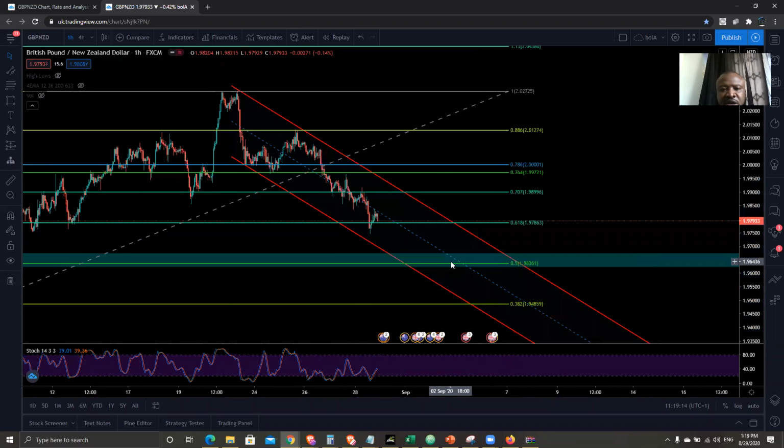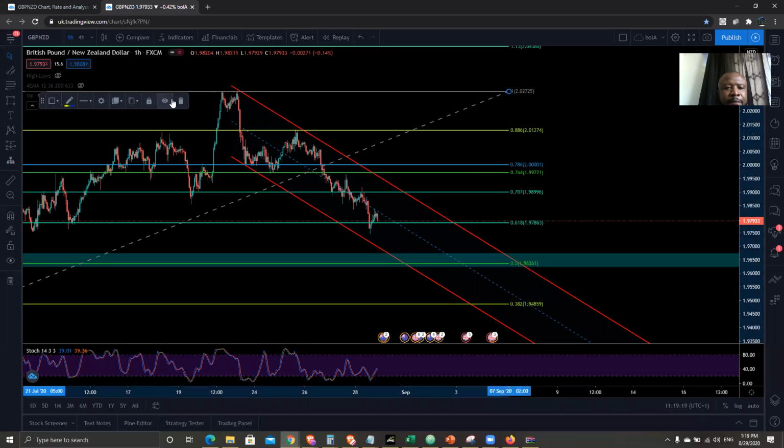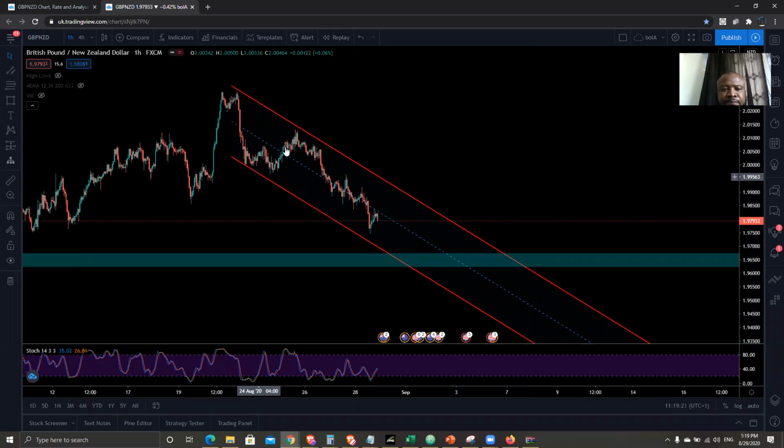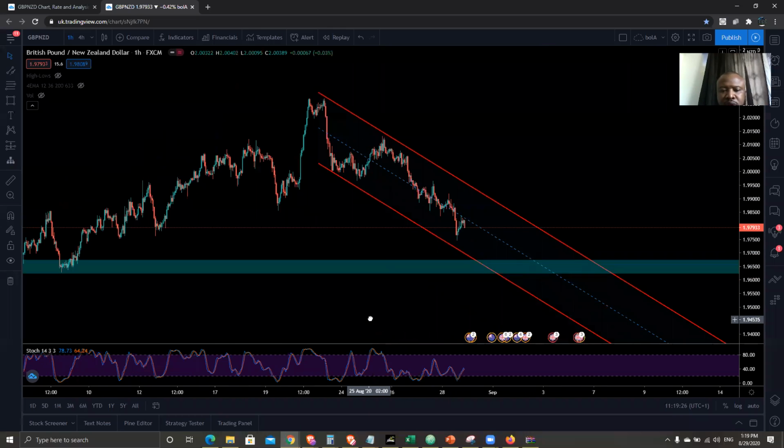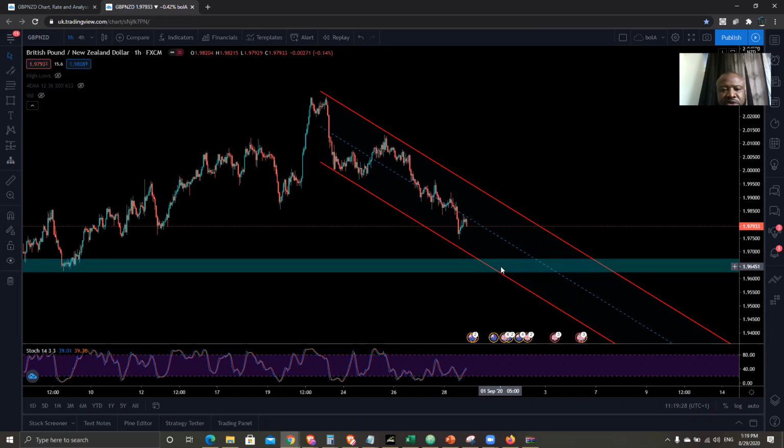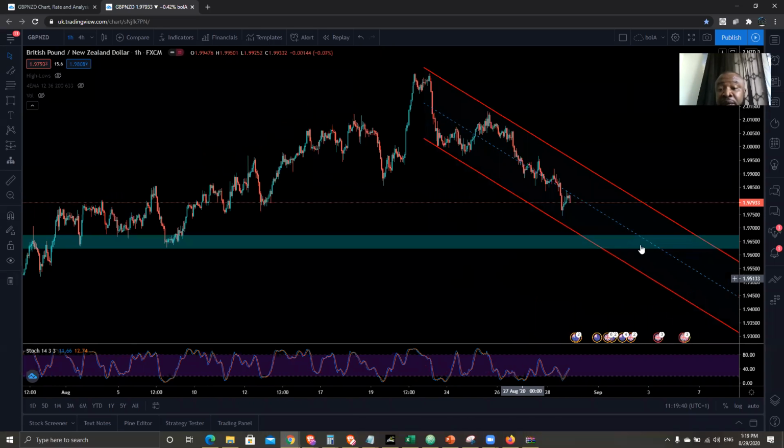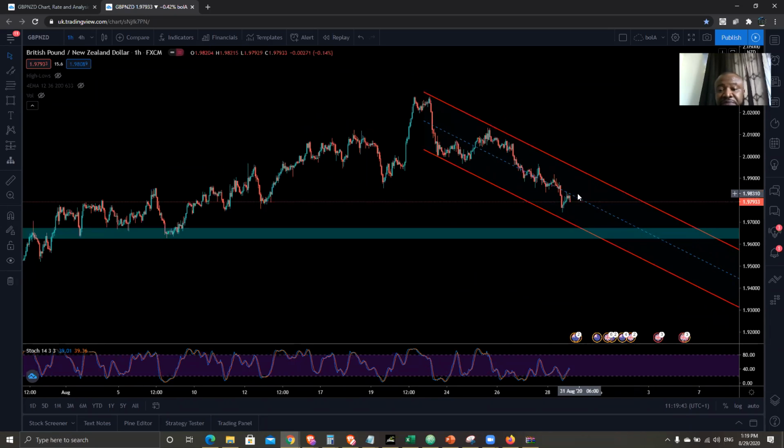So this area is becoming much more significant for us to see such a reversal, and that's where I'm going to be looking at temporarily. But that doesn't mean that I will be an utmost buyer, because like I said, price can crack this, but the potential area where price can stop will be that area.